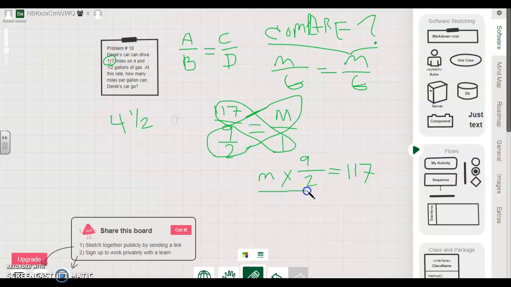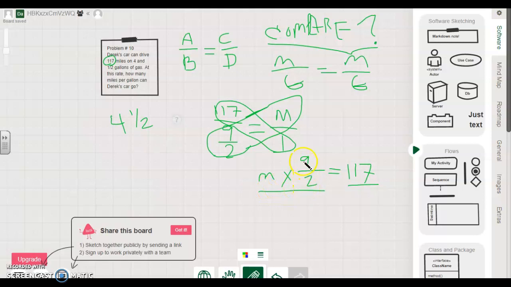The next step in any equation is to get this variable by itself. I went ahead and started that, which I probably shouldn't have. The way you get this variable by itself is to get rid of this 9/2, and the way to get rid of that is to do the opposite operation. This is multiplication, so the opposite is division.